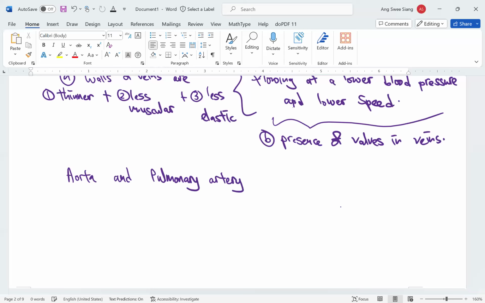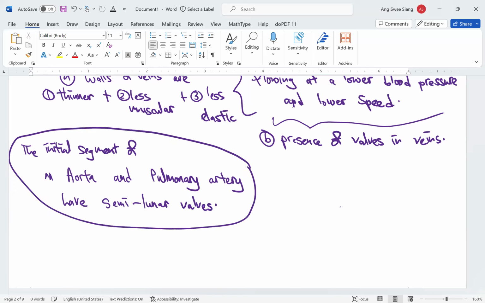The initial segment of the aorta and pulmonary artery have valves which we call semi-lunar valves. So this is the exception.